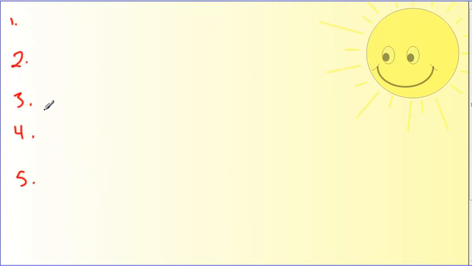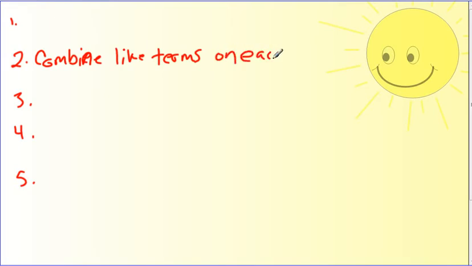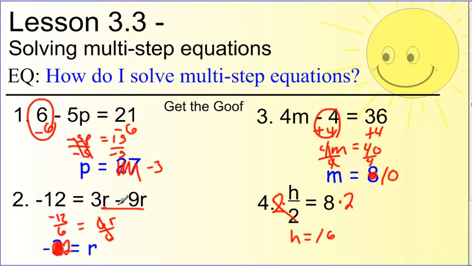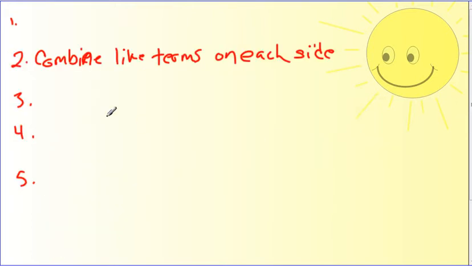Now, if you remember from before, step 2 was combine like terms on each side. Alright, so we combine like terms on each side. That's when you combine the things that have the same variable together like we did here. That's combining like terms. Should that be a negative 6? Negative 6, making that a positive 2? Maybe you caught that and I didn't.